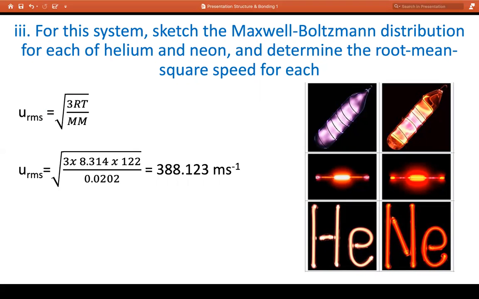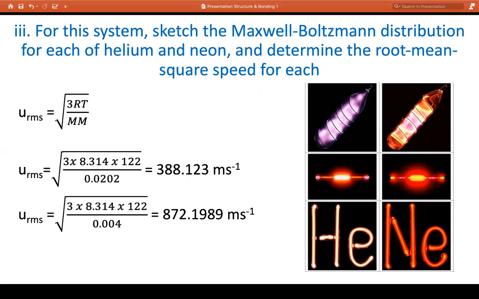Now we do the same for the helium gas, but the molar mass of the helium gas is 0.004 kilograms per mole. URMS for helium gas is 472.1989 meters per second.